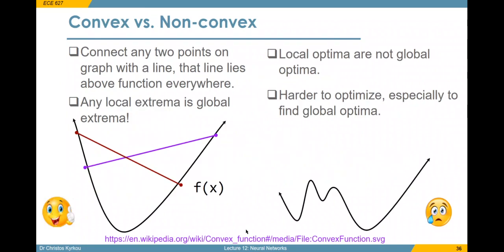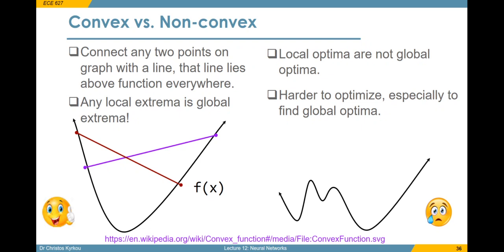So basically, a convex function looks like the image on the left. So as you can see, in a convex function, we can generally draw a line between any 2 points in the function and not intersect that function at a third point.